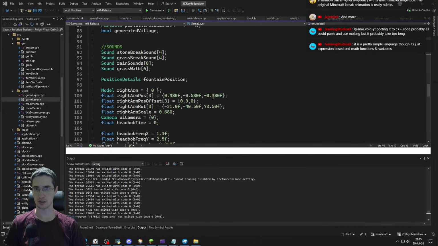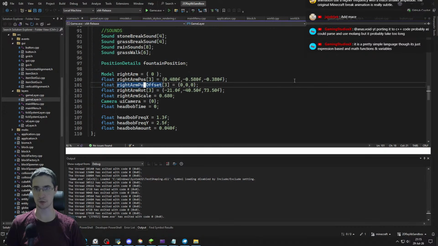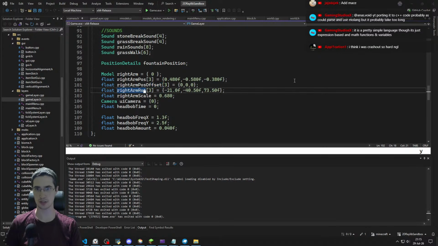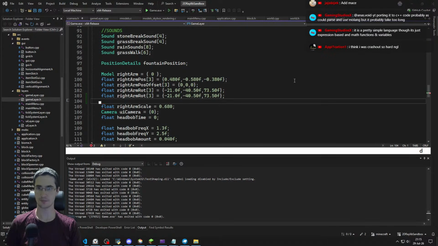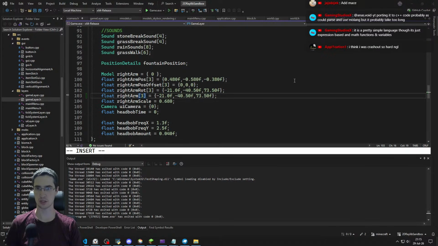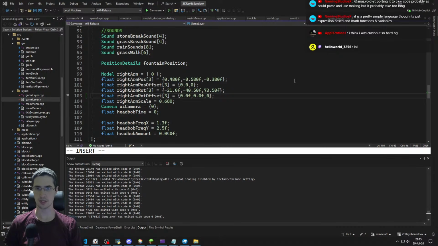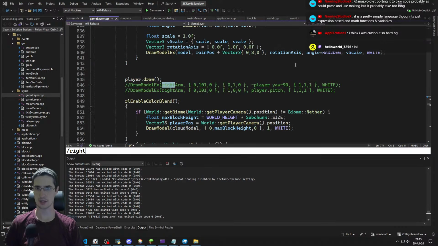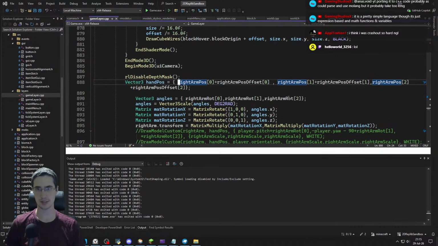So let's create an offset value. We have an offset for the position. Let's do an offset for the rotations. Rotation offset. Like this, we'll just have zeros, and let's use them. Right arm. Where should we use them? This is for the position; we already do the position offset.